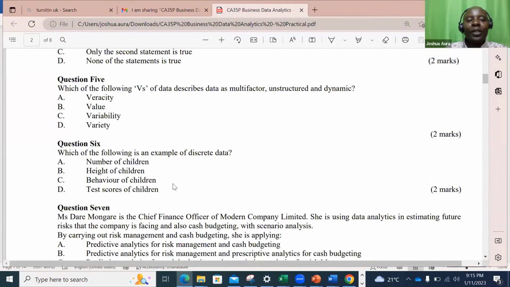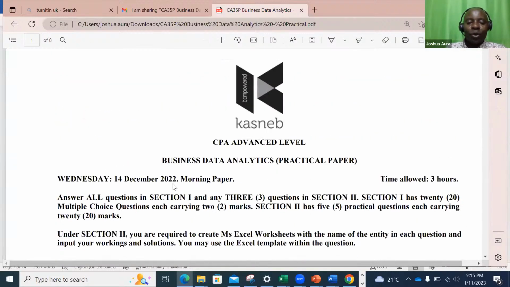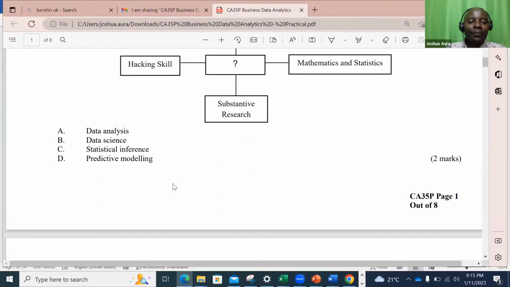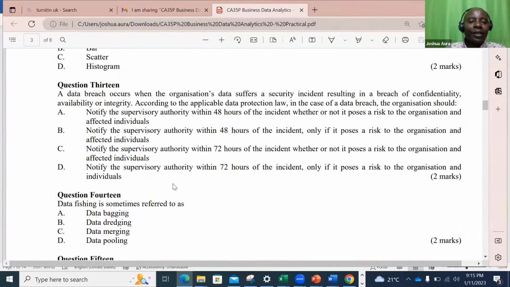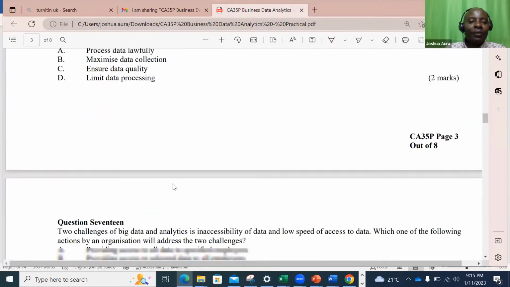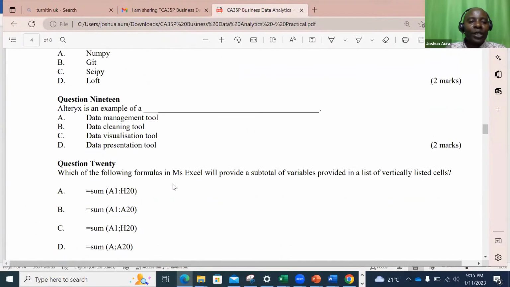How is it tested? Like there is theory and practical. So how it is tested is like this. Like now, this is last semester's paper. It has got two sections. We have the theory section, which has got 20.